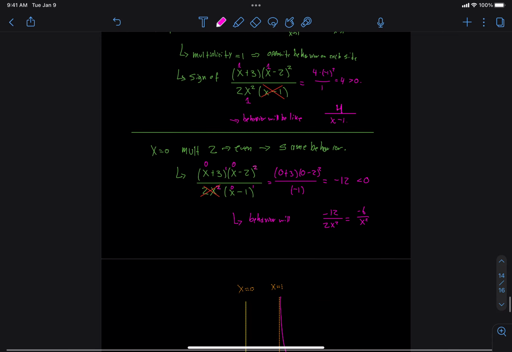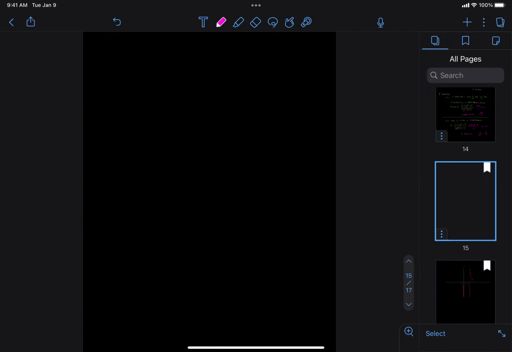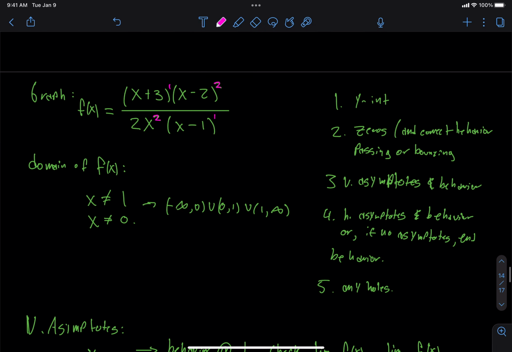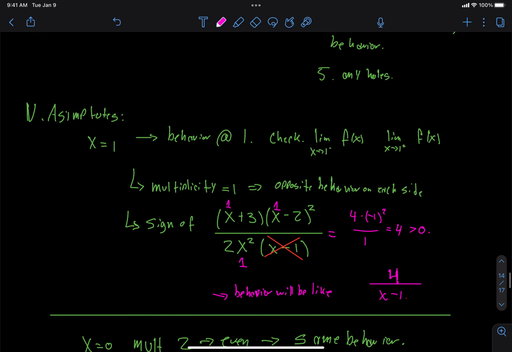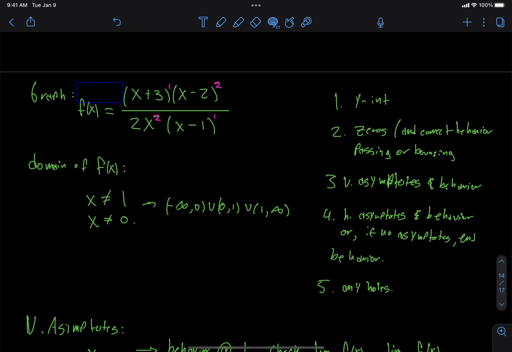So that's the vertical asymptotes taken care of. What else do we have to do? Let's go to the zeros next. I'm going to need to copy this equation down again.